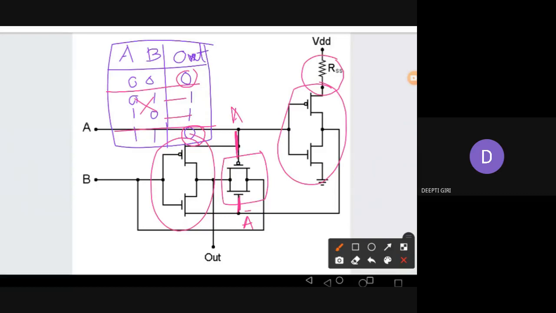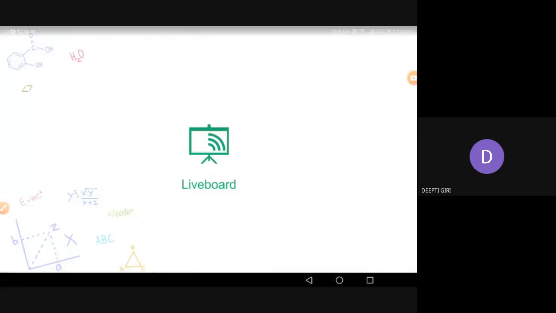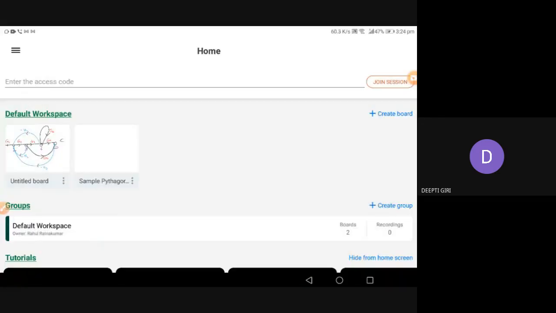Okay. So this circuit, I think, has two parts. We'll discuss once more what those parts are.